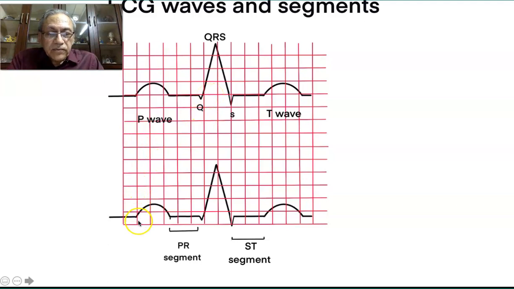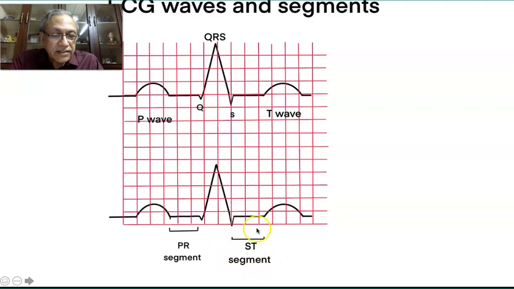Now this deflection is called the P wave, followed by isoelectric line. This line is called the PR segment, that is from the end of P wave to the beginning of QRS complex is PR segment. Now this is followed by the QRS complex and the segment between the end of S wave to the onset of T wave.